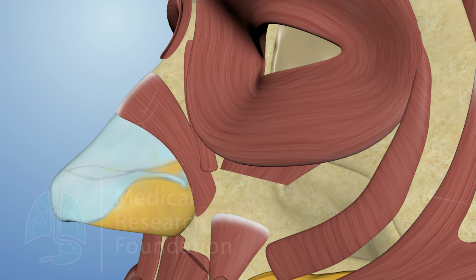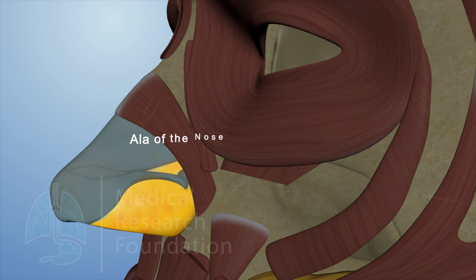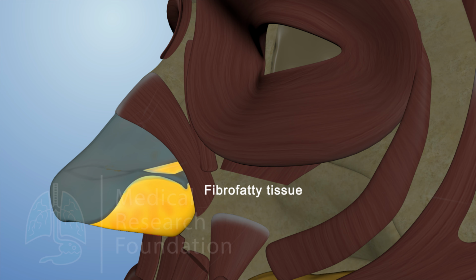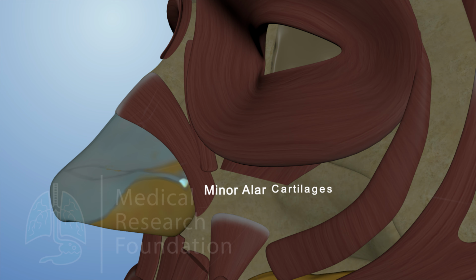The lateral crus of major alar cartilage extends into the ala of the nose, but does not reach the bony margin. The gap is filled by fibrofatty tissue and minor alar cartilages.